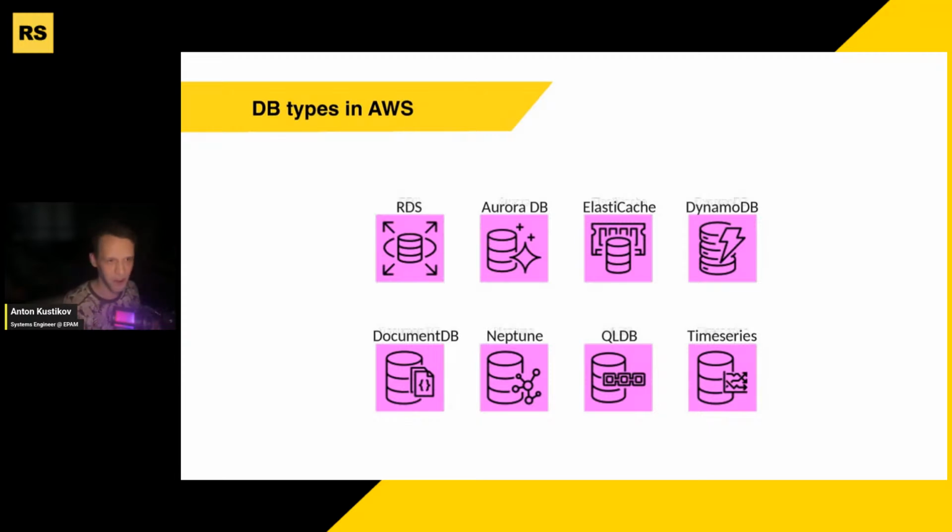So actually, QLDB is something that gives you an option to trace all of the transactions in this database, and they are immutable. So if something did something, it can always be traced. And in the end, we also have the time series database.